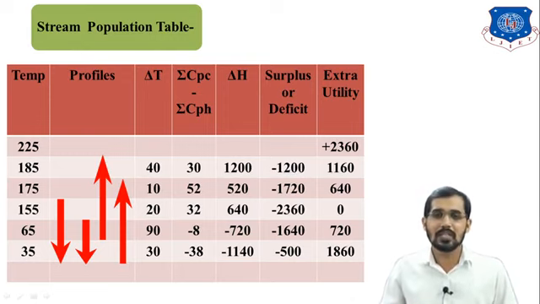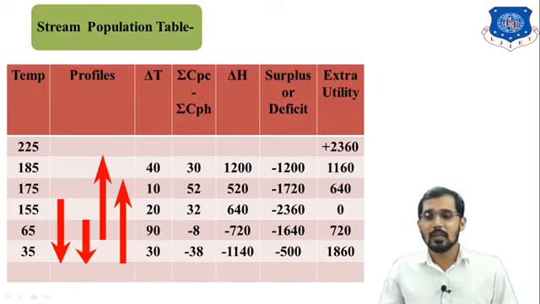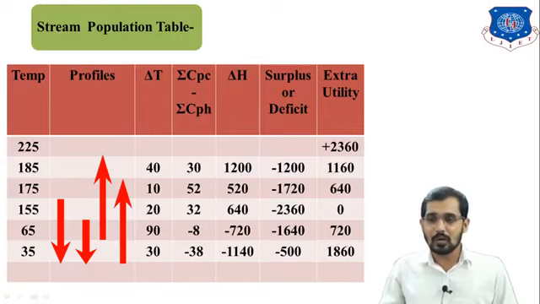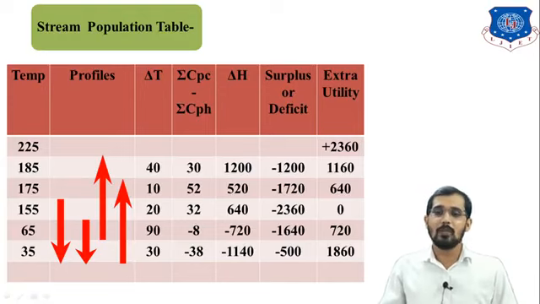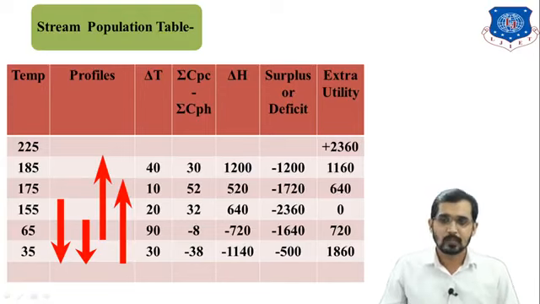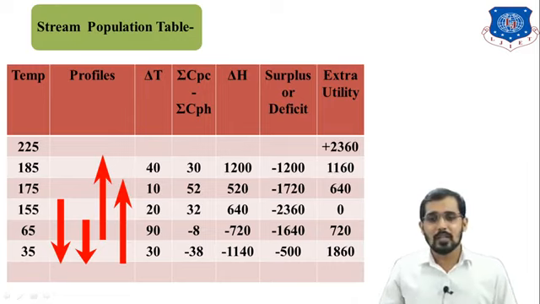So 30 plus 22 is 52 minus 0, because CPH is equal to 0. There are no hot streams available in this region, only cold streams. So the summation of CPC is 30 plus 22, MCP for this is 30 and for that is 22. So 30 plus 22 is 52, minus 0 is nothing but 52.